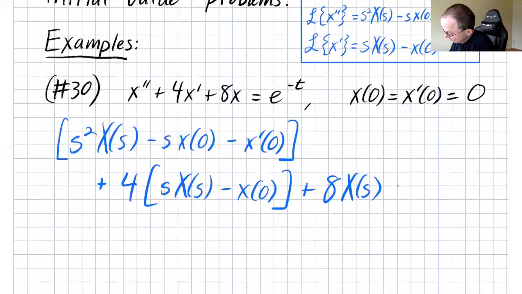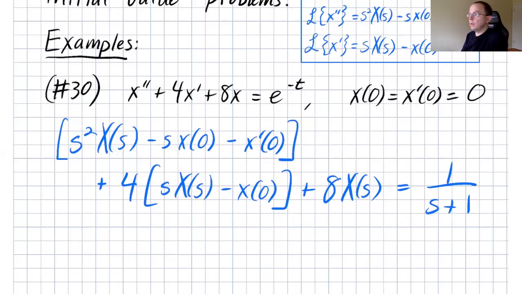And then on the right-hand side, we have 1 over s plus 1. That's the Laplace transform of e to the minus t.